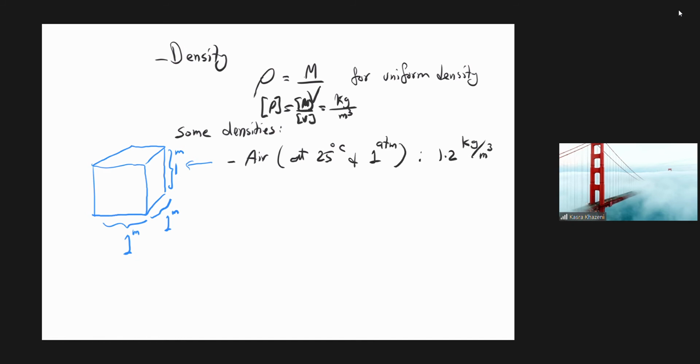So if I had a box that contained air at 25 C and 1 atmosphere, a box that had a height of 1 meter, width of 1 meter, and depth of 1 meter, that amount of air inside that box would weigh 1.2 kilograms.